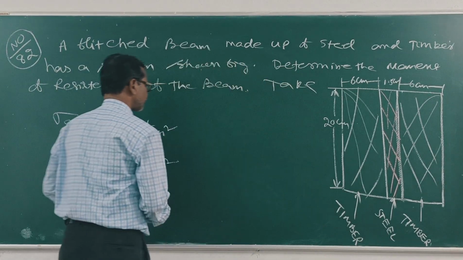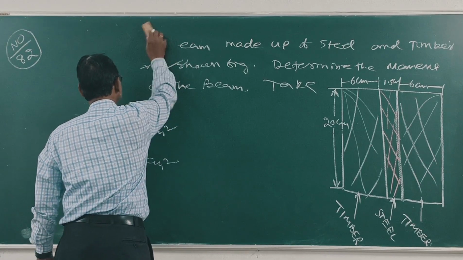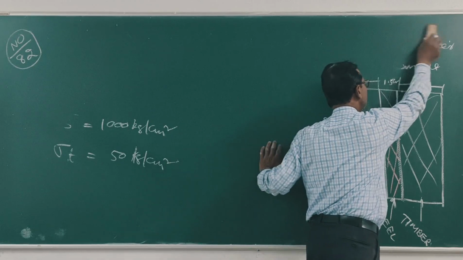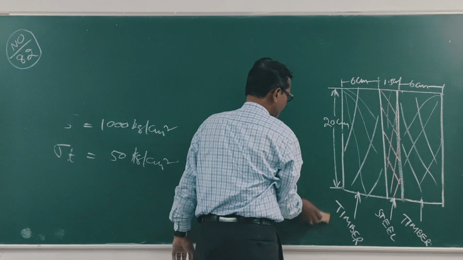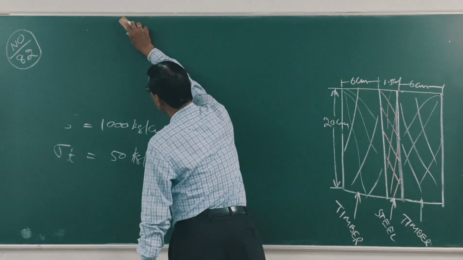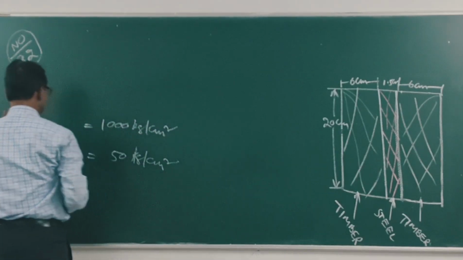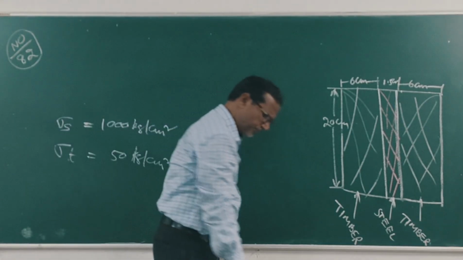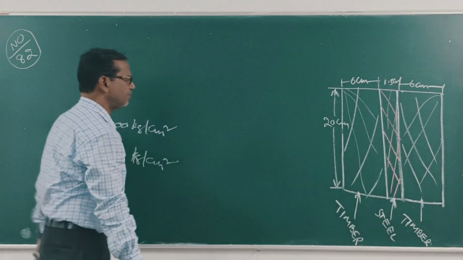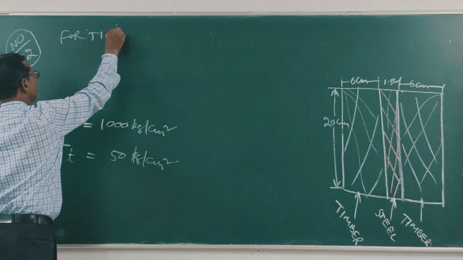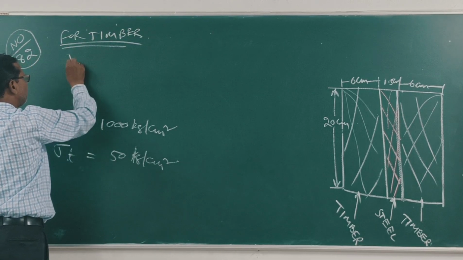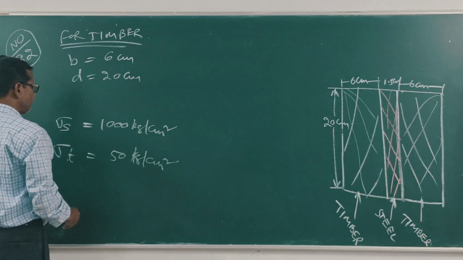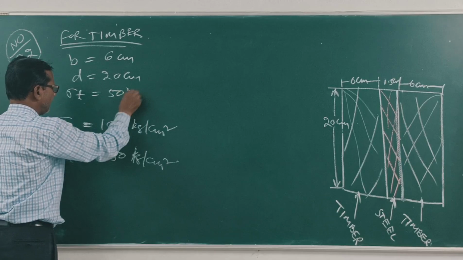Now, for timber section, for timber, B is equal to 6 cm, D is equal to 20 cm, and sigma T is equal to 50 kg per cm square.